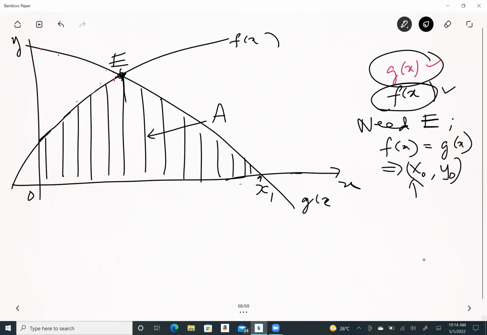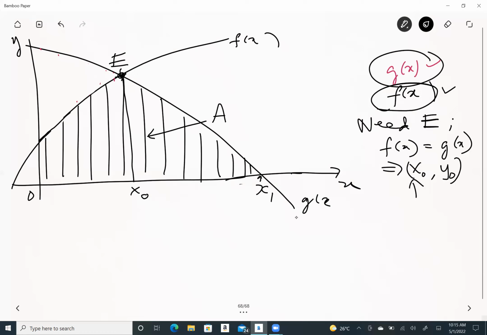So once you have x0, you can find area A by breaking it into two parts. One part is the area under f from 0 to x0. The other part is the area under g from x0 to x1.